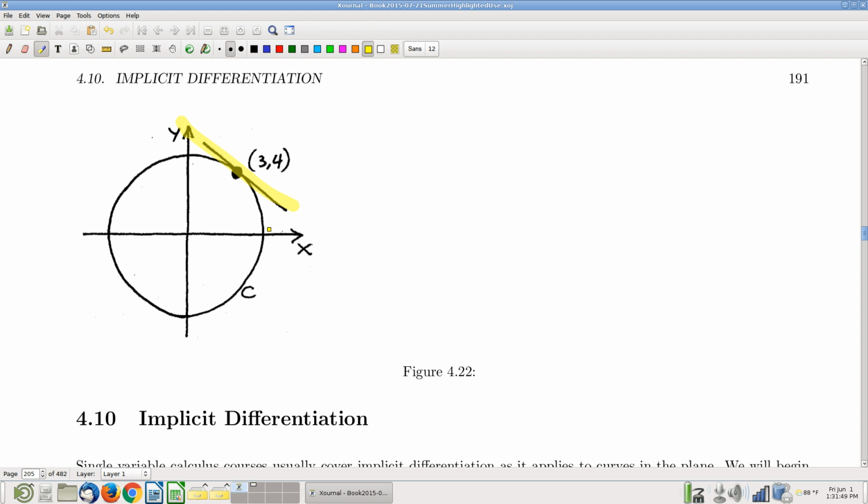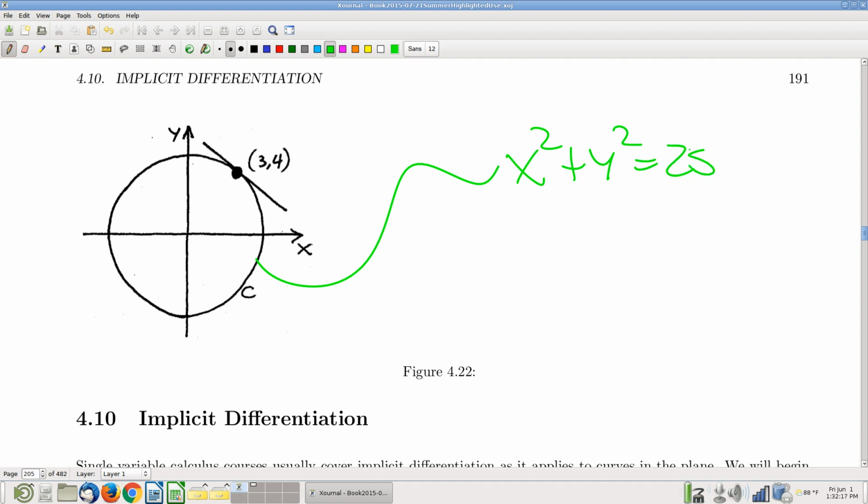Isn't that just the derivative? Right? You gotta be careful. Slope of a tangent line to a graph of a function is the derivative of that function. This is not the graph of a function at all, much less a function that we know. Right? So this curve here, you might write this as x squared plus y squared is equal to 25.